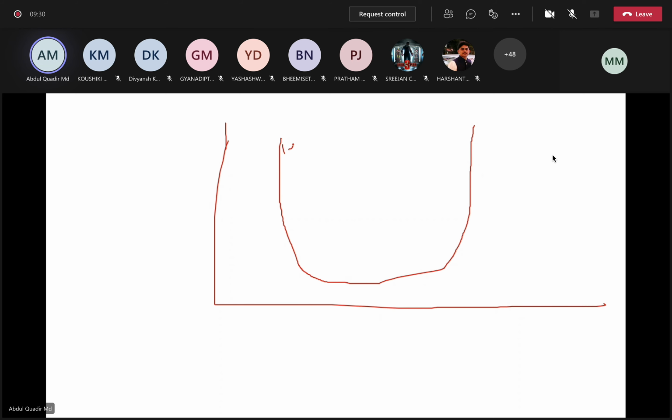Just to make you understand, this is 100 errors, this is 50 errors, this is 40 errors, this is 30 errors, this is 20 errors, this is 10 errors, and this is somewhere at zero error. This is -10, -20. This is again, say for example, 20, and 40 errors, 50 errors, 100 errors. Something like this is there.